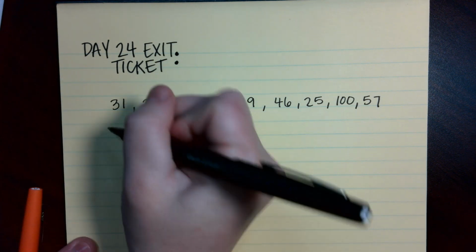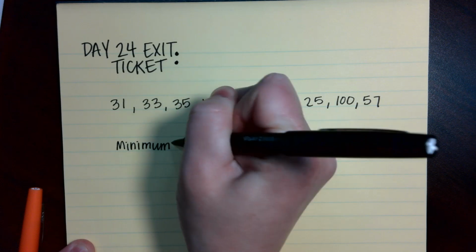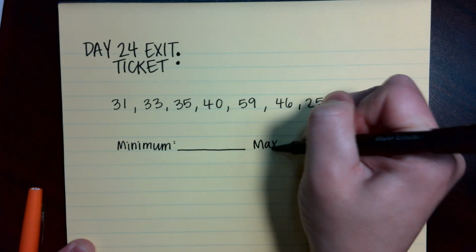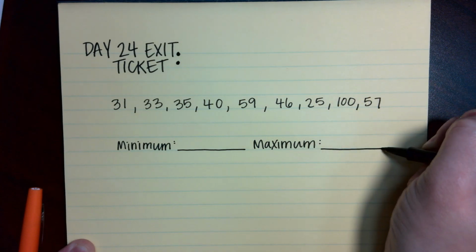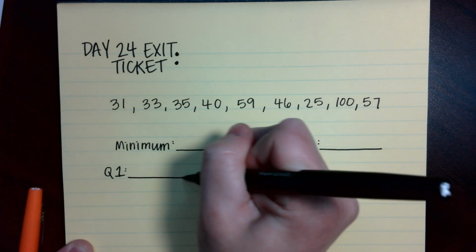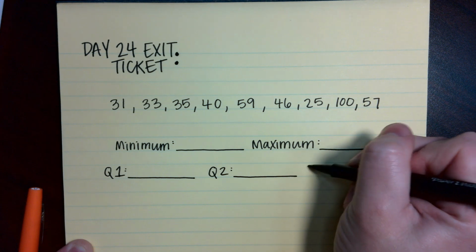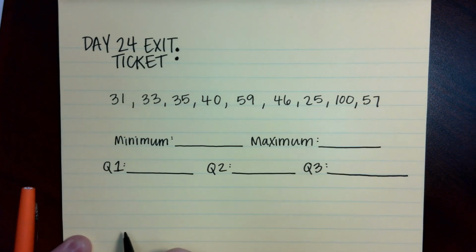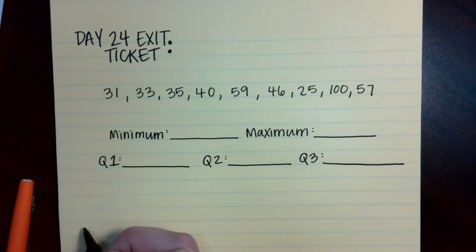I want you to tell me the minimum, the maximum, Q1, Q2, and Q3. And I'll go ahead and give you a scale, like a number line.